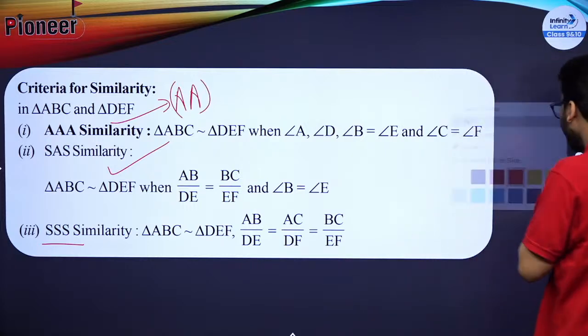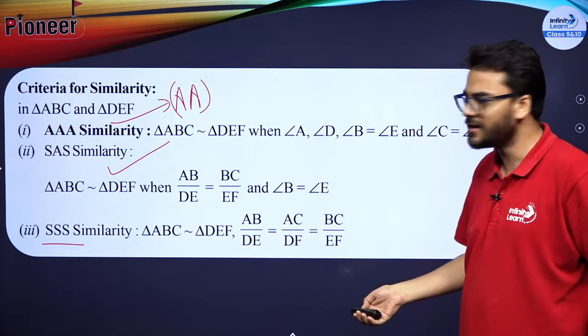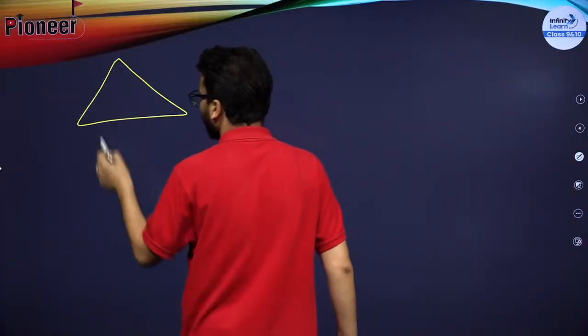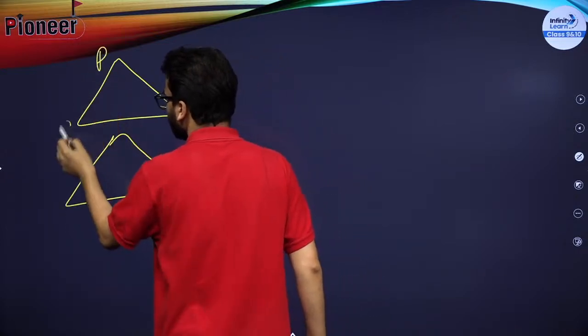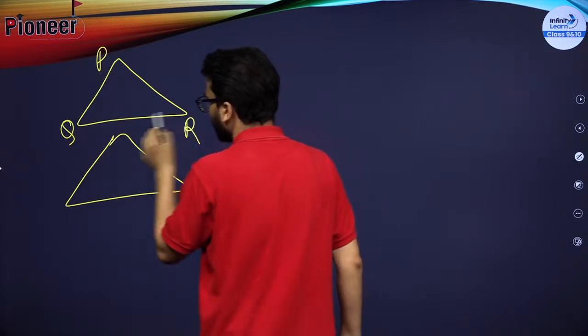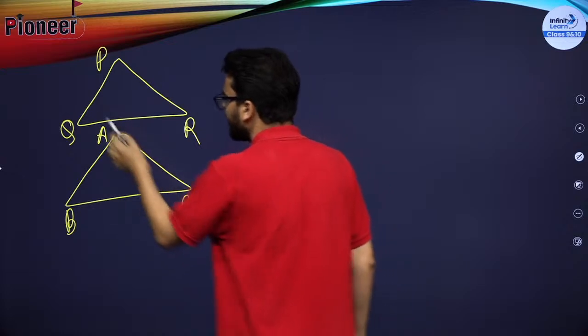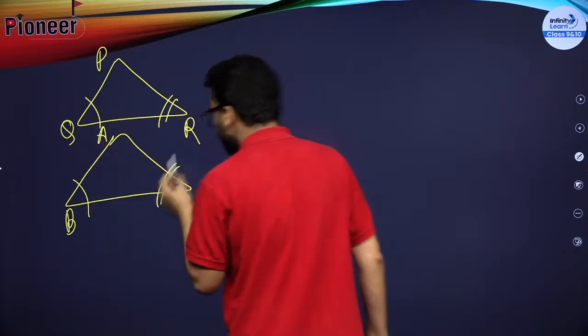If I'm explaining this thing, suppose I'm explaining the first one, the AA similarity criterion. What does it mean? Suppose I have two triangles over here, PQR and ABC.